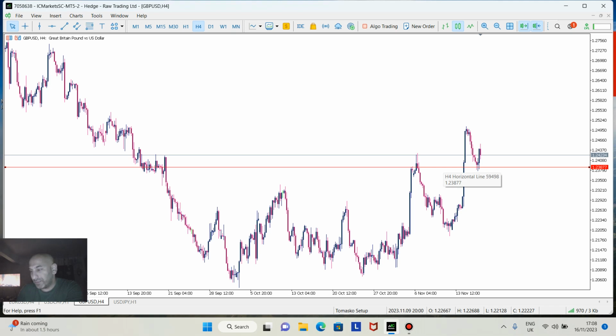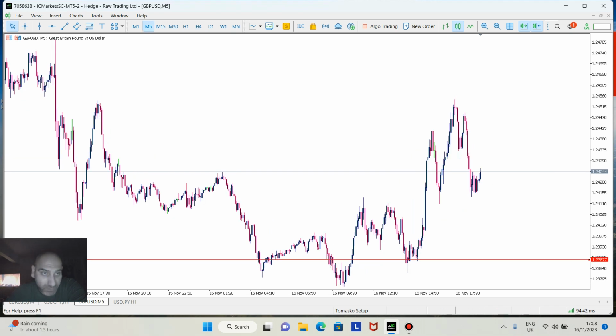So basically break and retest. A lower time frame will show you that you are in a downtrend. As you can see, the lower time frame is showing we are in a downtrend. So all you've got to do is draw a trend line and wait for that break of your trend line.